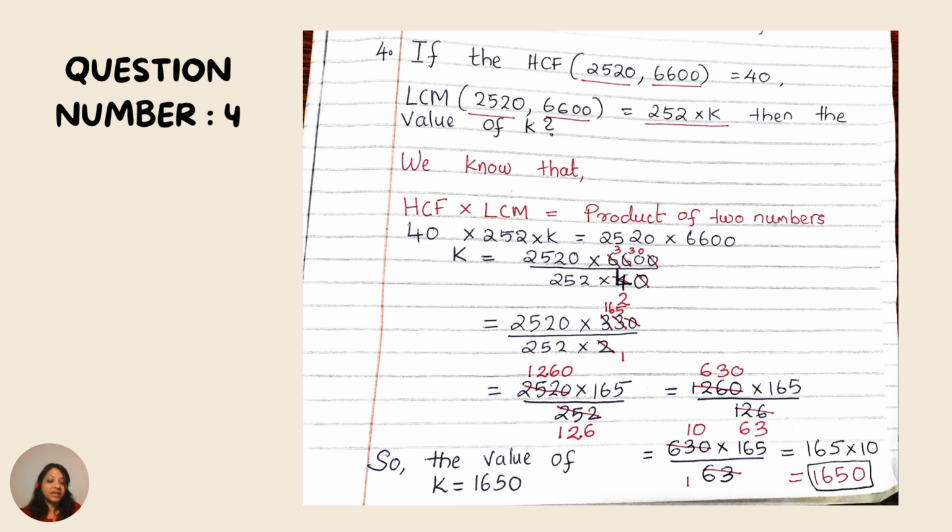Then you will get 10 times 63 divided by 1. So then you will get 165 into 10, which is 1650. So the value is K equals 1650. This is a very easy way, the one I showed. If you multiply directly, make sure the multiplication and division are correct. Okay, so it's a very good question.